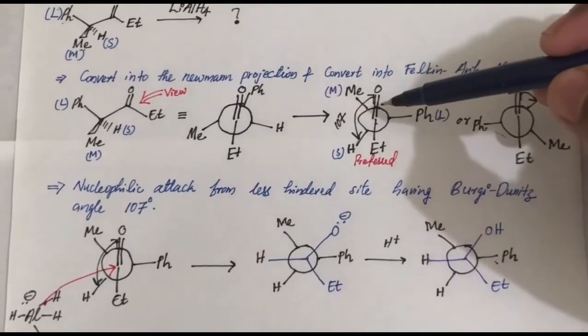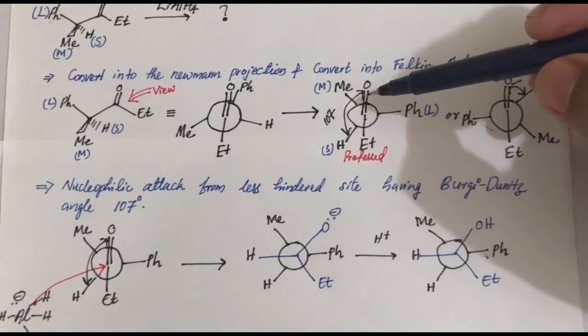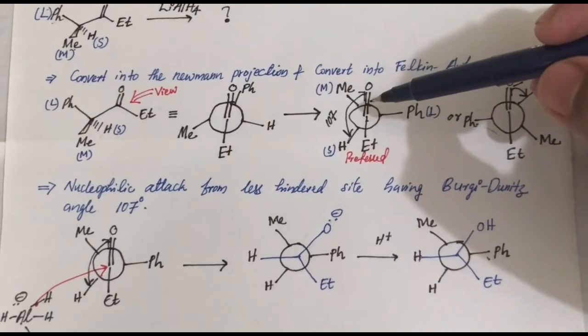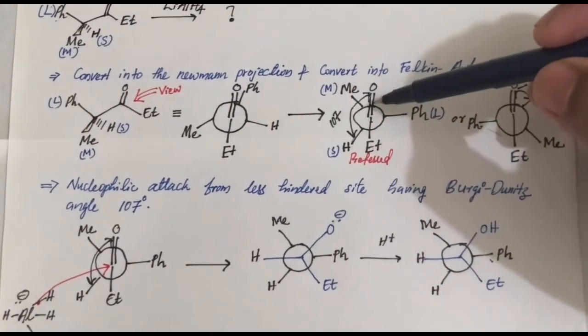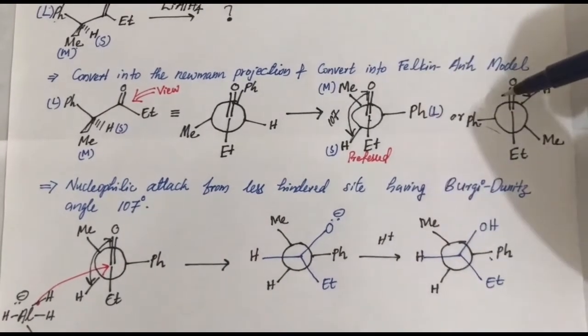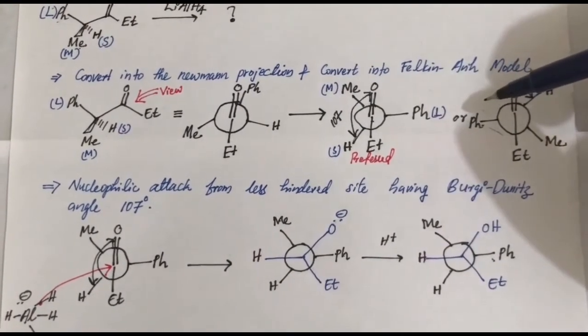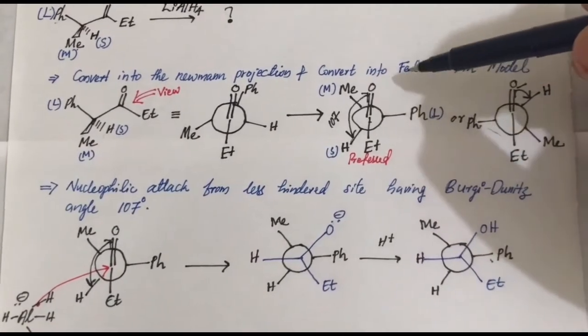So I repeat, in the Felkin-Anh model, we want to convert in such a manner that the larger group on the alpha carbon should be perpendicular with respect to the carbonyl compound. So these two are our Felkin-Anh models. Now we want to take one of these in such a manner.